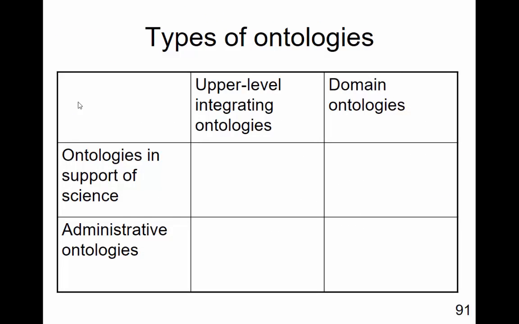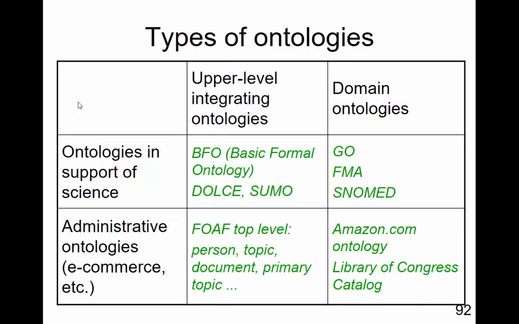So the periodic table is an ontology created in support of science, which is a domain ontology. And there are other kinds of ontologies. So BFO is an upper level integrating ontology, and there are others, famous ones, one of them from Italy, which is a famous country.